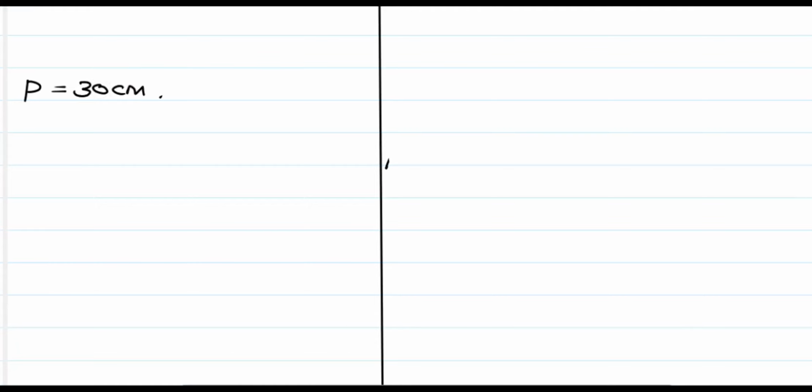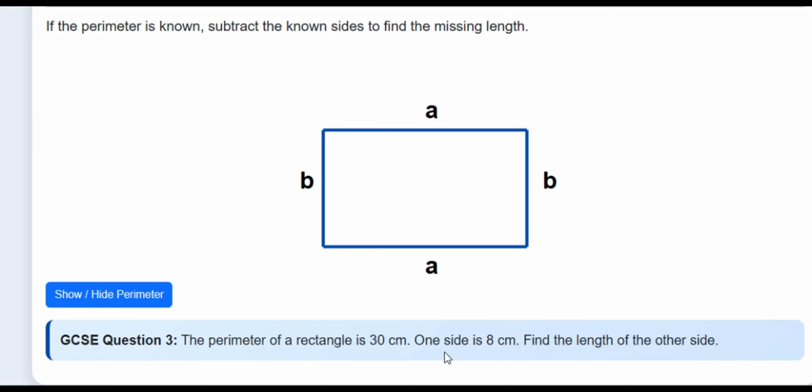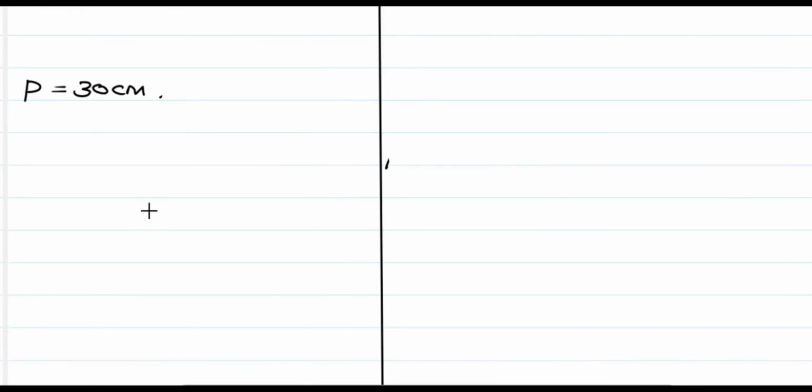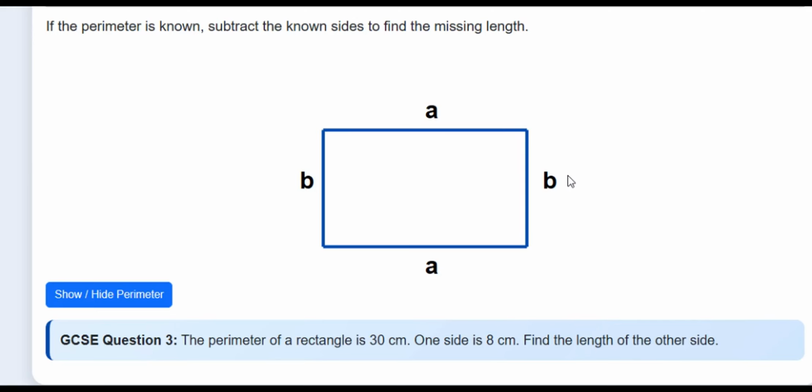Then one side is 8 centimeters. We can call that one side A. Then you are told to find the length of the other side. So if we know one side, which you can just call A, is 8 centimeters, then we ask to find B, which is the other side we don't know.